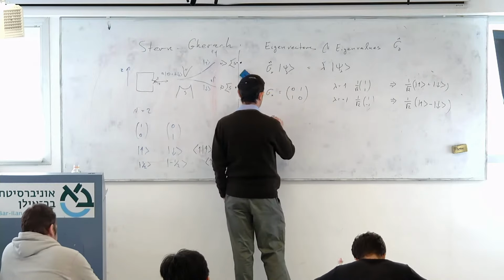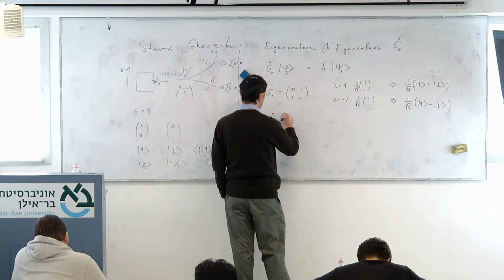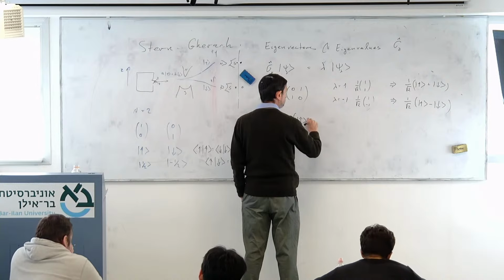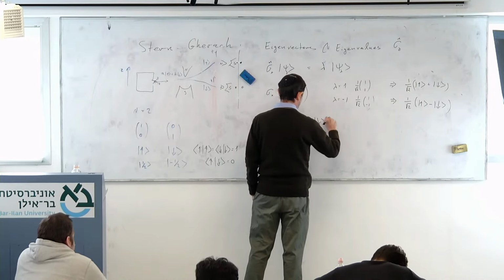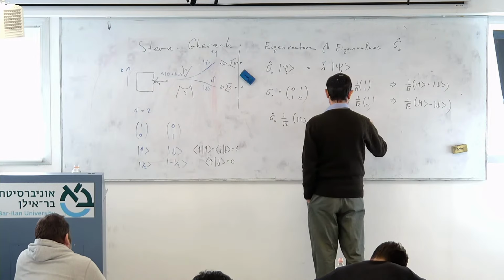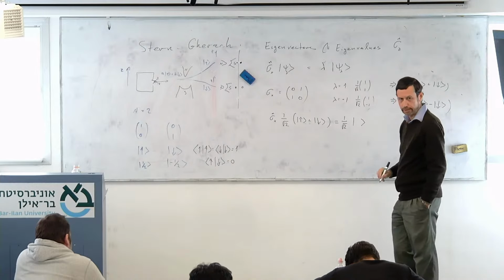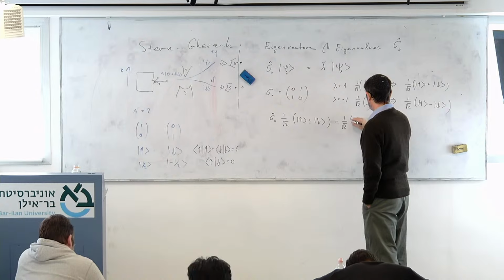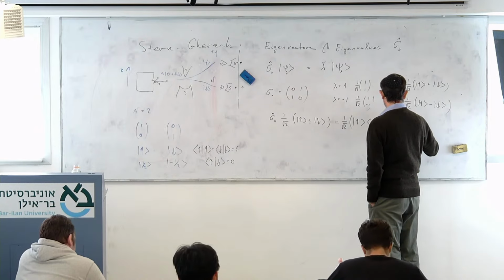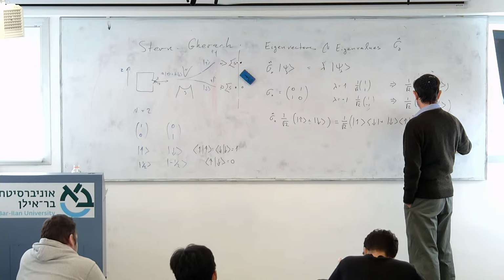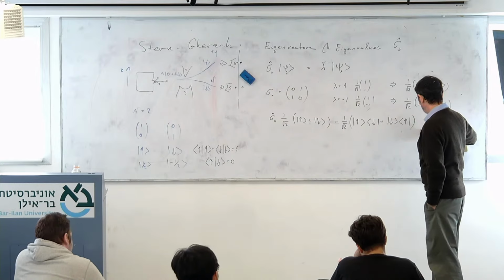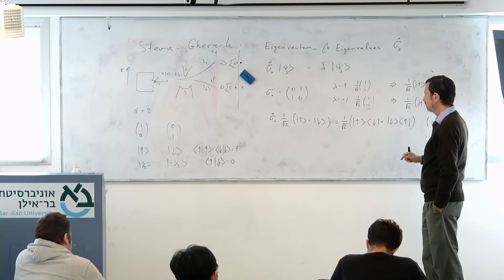So I want to take sigma x times, move the 1 over square root 2 outside, up, down, plus down, up, plus 1 over square root 2, 1 over square root 2 moved outside. Okay?